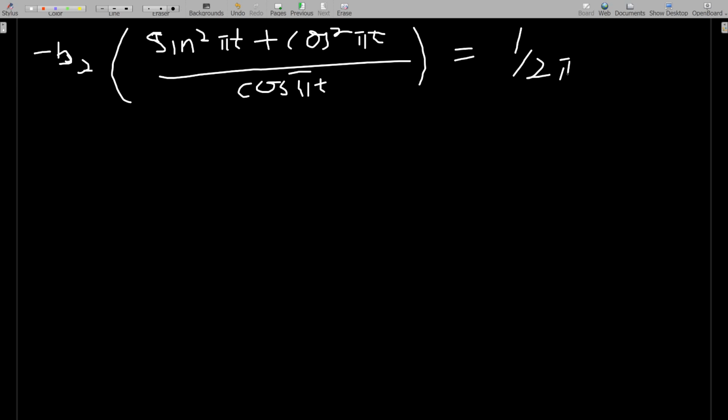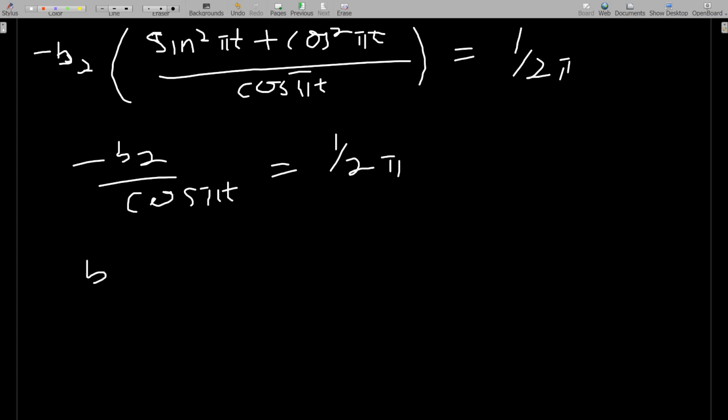And you know that the top one is 1. So I have minus b2 over cos pi t equal to 1 over 2 pi. If I multiply through by negative 1 over cos pi t, I get b2 equals minus cos pi t over 2 pi.